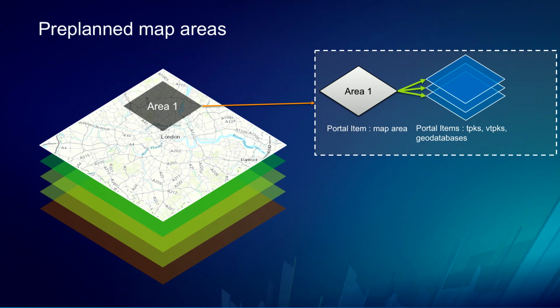So we go through the map, look at all the layers that are in the map, and then make the correct calls on the back end to the sync-enabled feature services or the export-enabled tile services. And we generate all of that data once and then stage that to be downloaded. And that can then be downloaded by multiple clients who are all going to be using the same area.